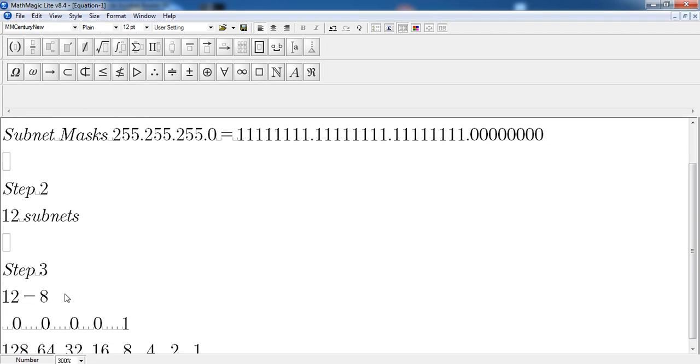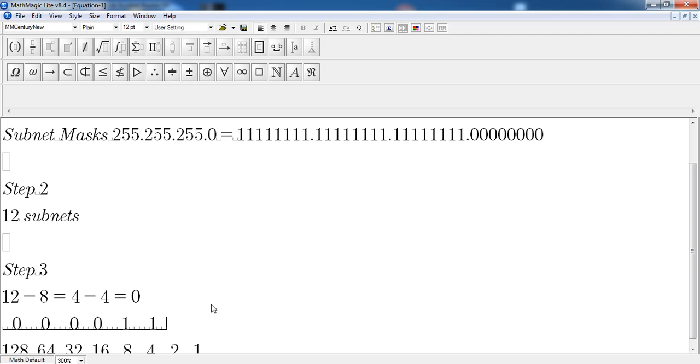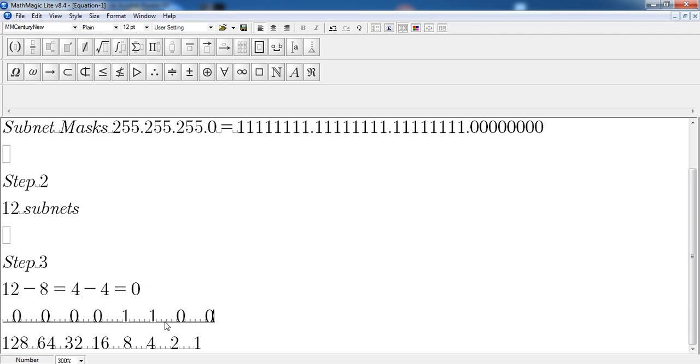So 12 minus 8 would be 4. The next power of 2 that we could subtract from it is of course 4. And then we stop because we already have 0. So we put a 1 to represent 4. And because we had to stop already, the remaining powers of 2 would be assigned a bit of 0.